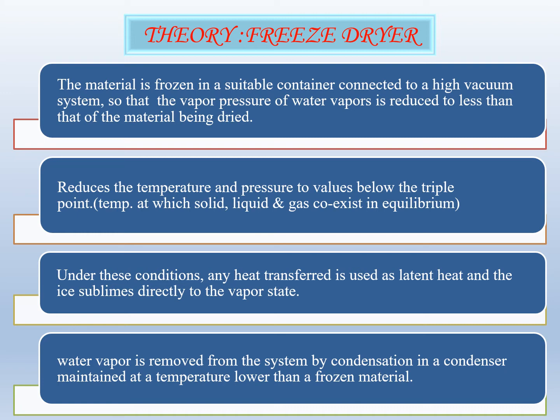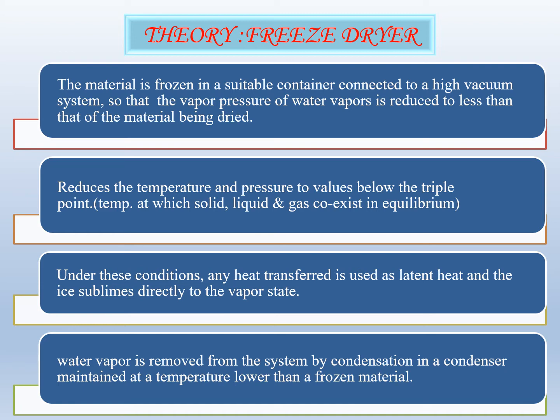Then we will see the theory of freeze drying. The material is frozen in a suitable container connected to a high vacuum system so that the vapor pressure of water vapors is reduced to less than that of the material being dried. It reduces the temperature and pressure to values below the triple point.